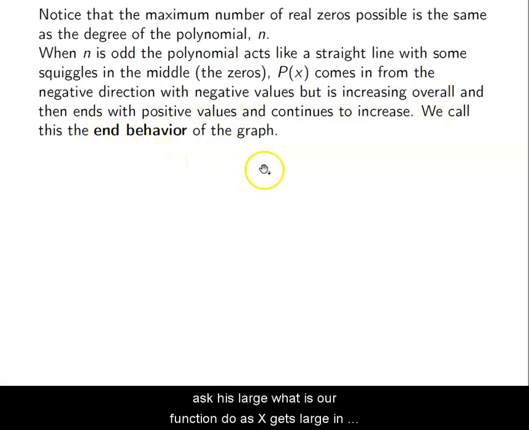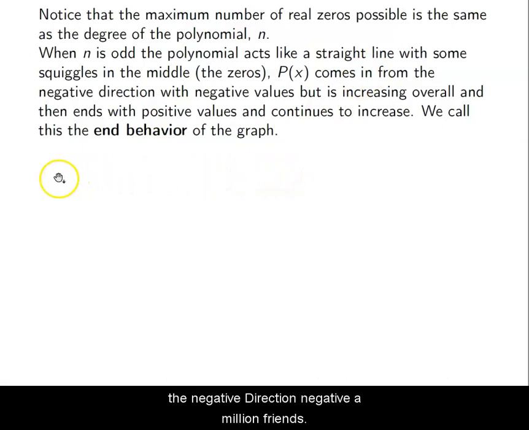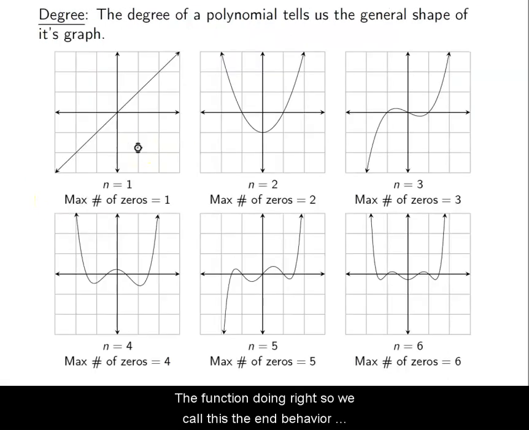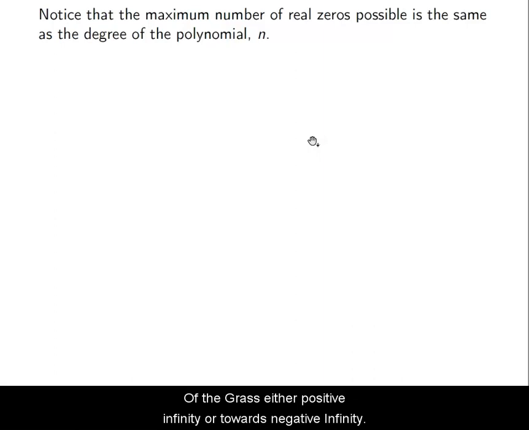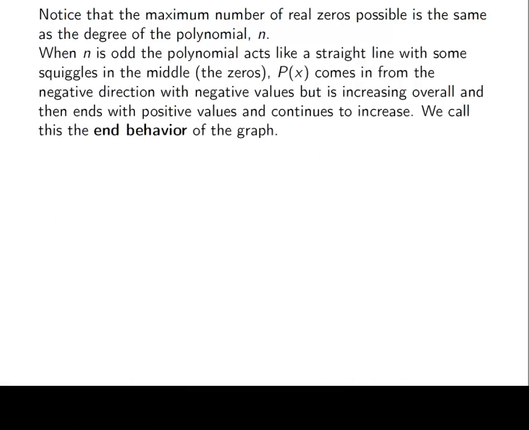So as x gets large, what does our function do? As x gets large in the negative direction, negative 1,000,000, for instance, what is the function doing, right? We call this the end behavior because we're talking about what it does at the large ends of the graph, either towards positive infinity or towards negative infinity.